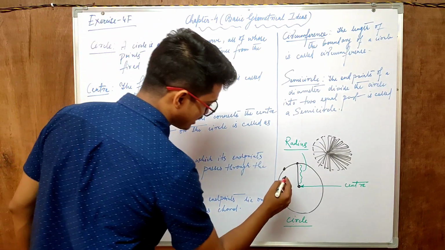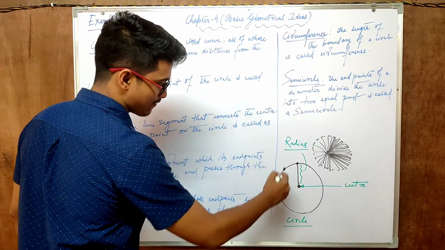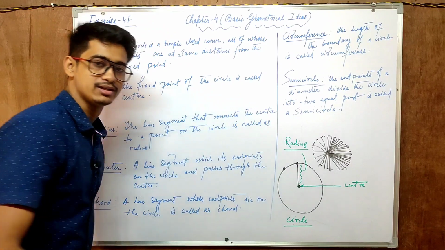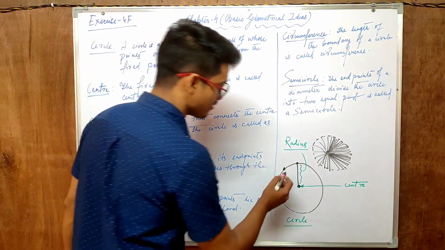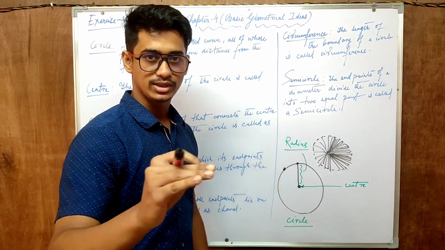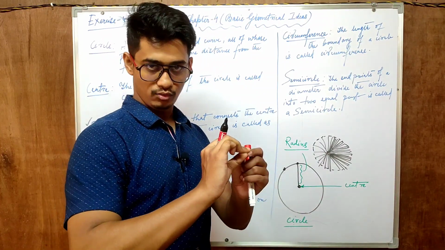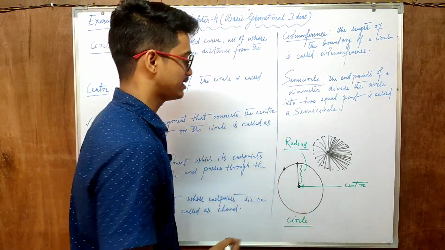If I take this point here and join this line, does it pass through the center? Not at all. So I have to take a point in such a way that the line which is formed passes through the center. That is the main thing.